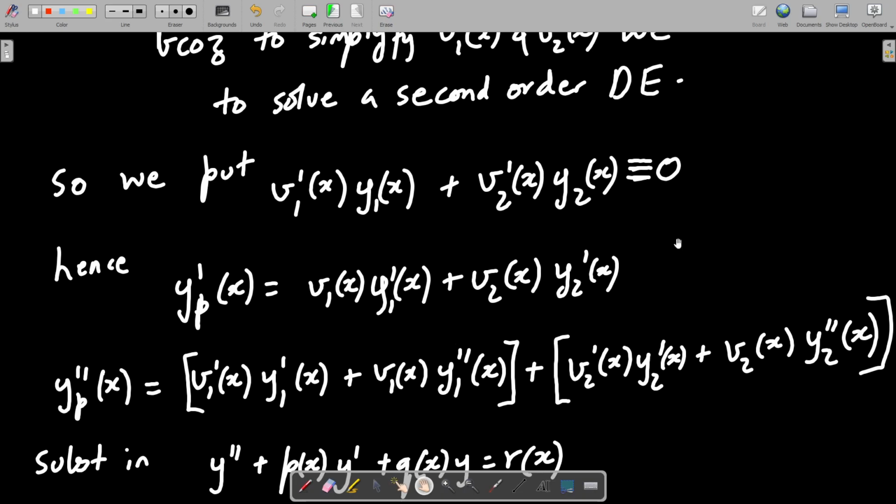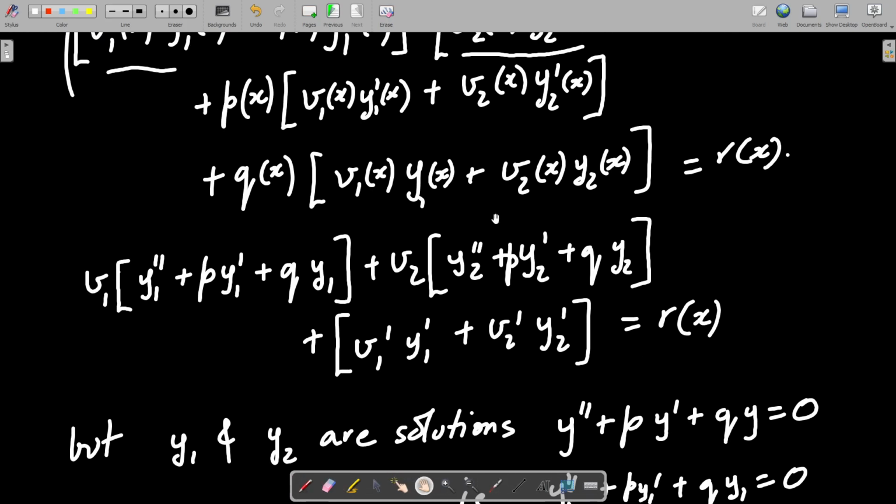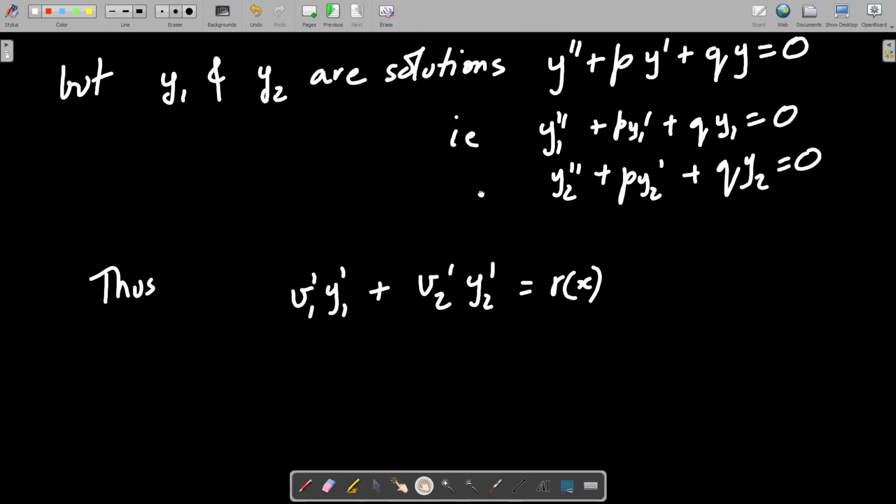Yes. So we'll call this equation star, and this is equation 2 star. Okay, star and 2 star we got.